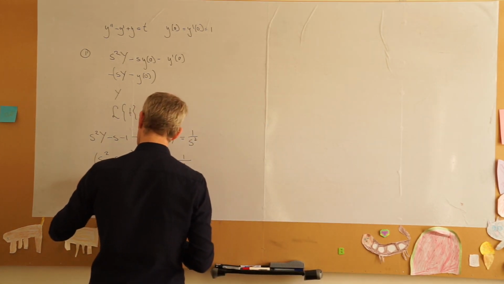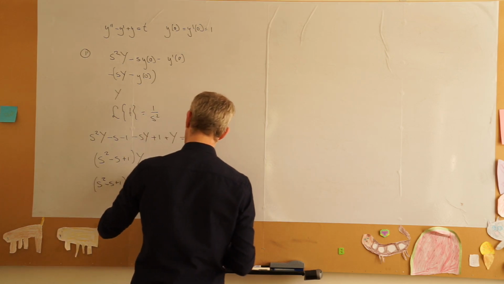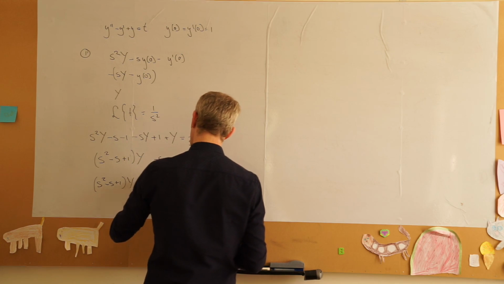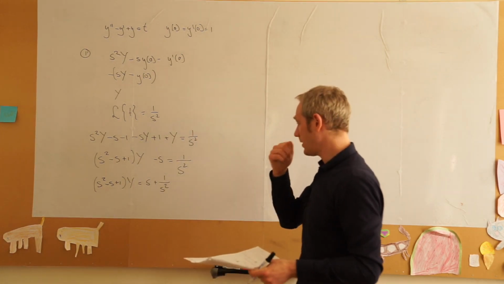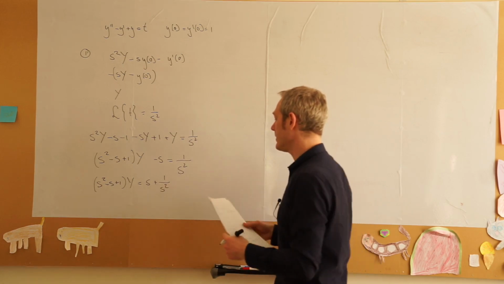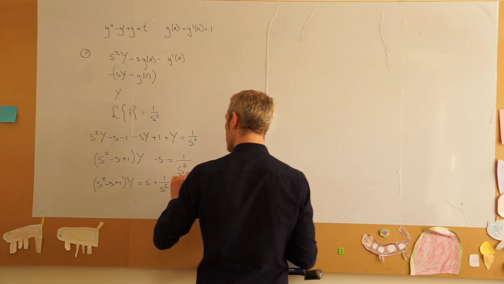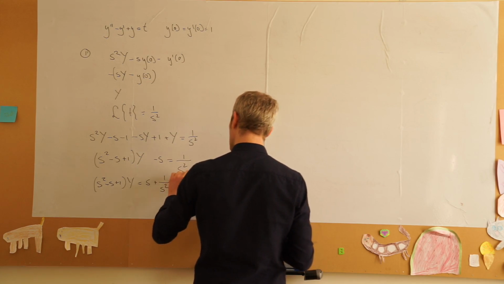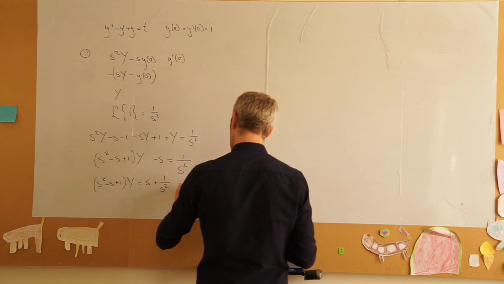So s squared minus s plus 1 times Y is equal to s plus 1 over s squared. And to be able to divide this in a slightly easier way, I will rewrite this as s to the power of 3 plus 1 over s squared.